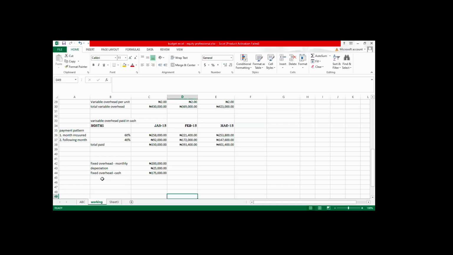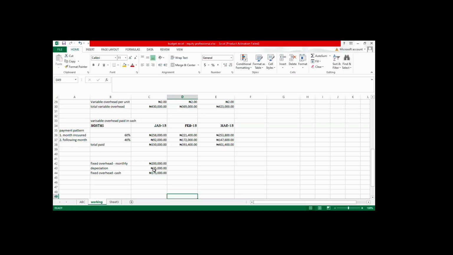That means your fixed overhead in cash monthly is 175. The amount for January fixed overhead cash 175. The amount for February 175. The amount for March 175.